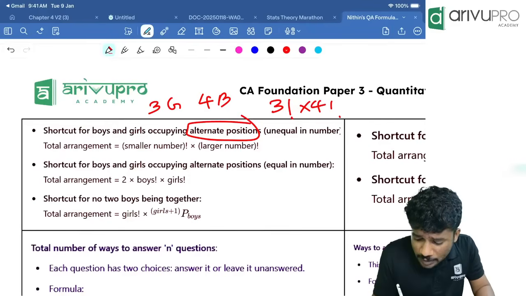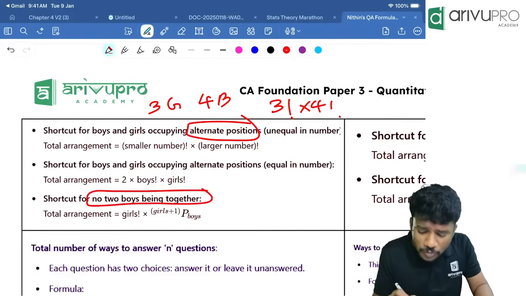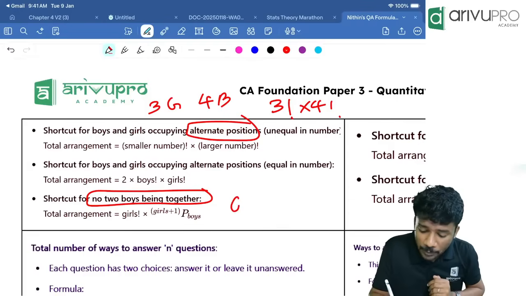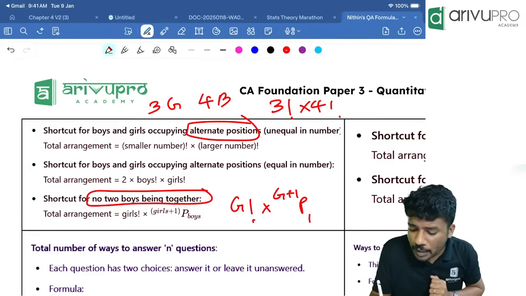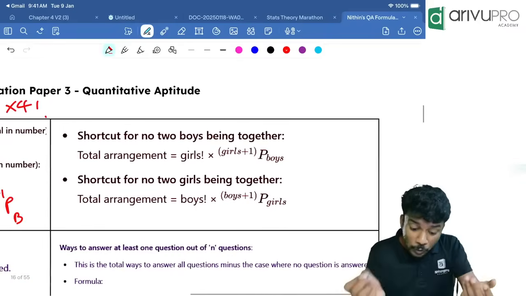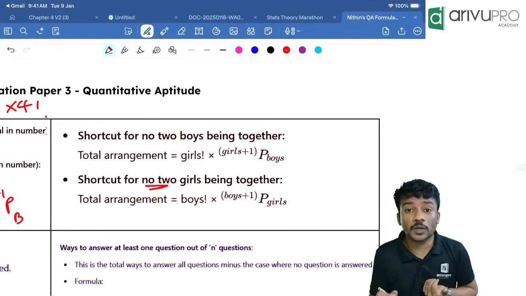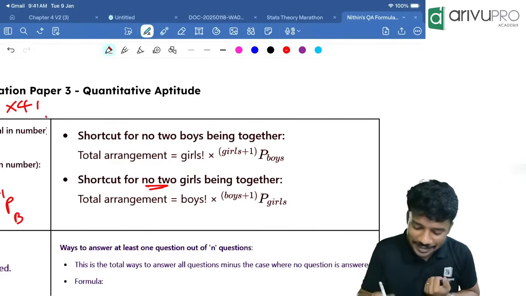Then, if no 2 boys are together, we will consider girls first. That means number of girls factorial into girls plus 1 P number of boys. If no 2 girls are together, boys factorial into boys plus 1 P girls. That is the formula, people.